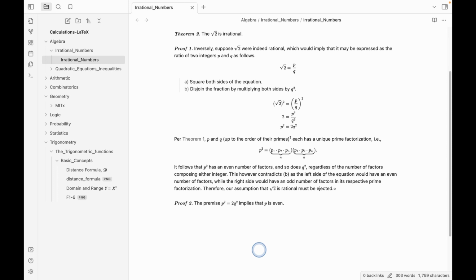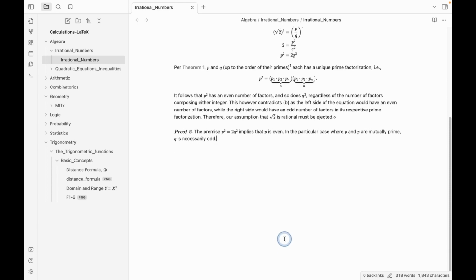Conversely, if a number p is even, then p squared must also be even, again as a result of biconditionality. In the particular case where p and q are mutually prime, q is necessarily odd. And this simply follows from the fact that we have just established that indeed p is even.